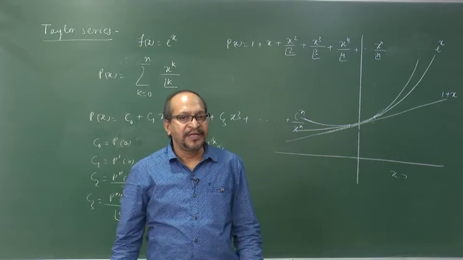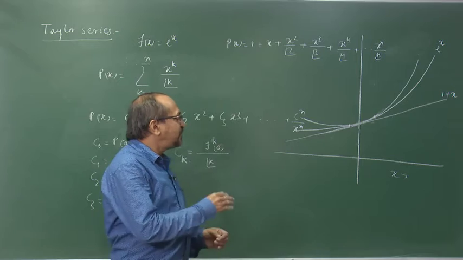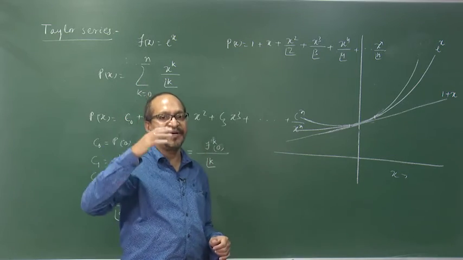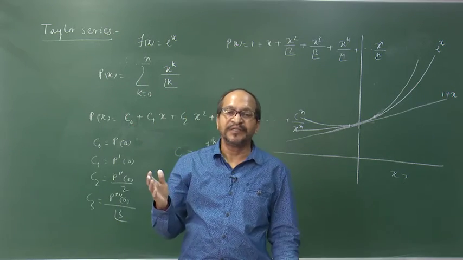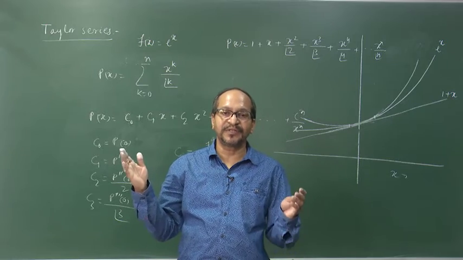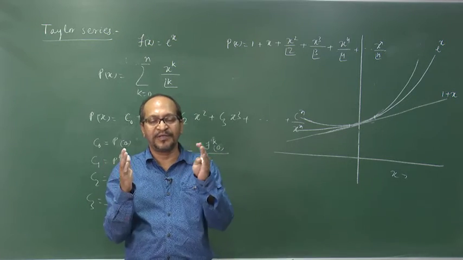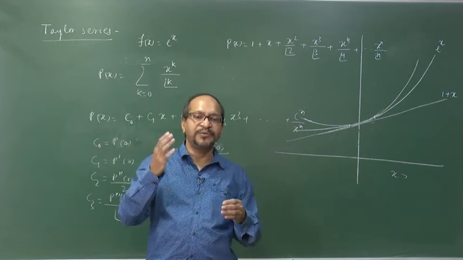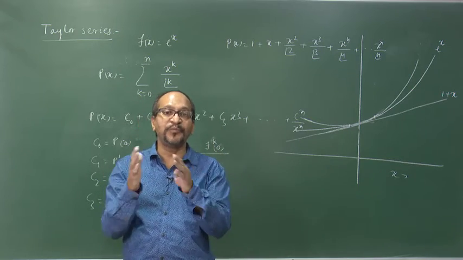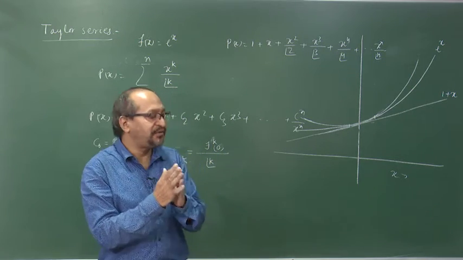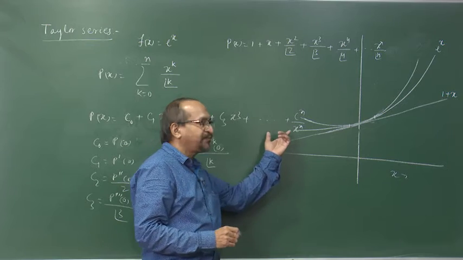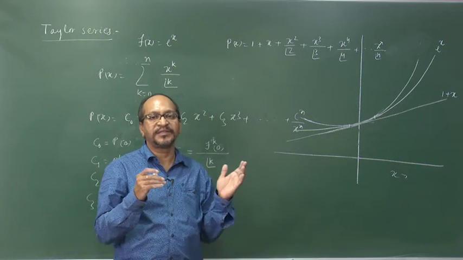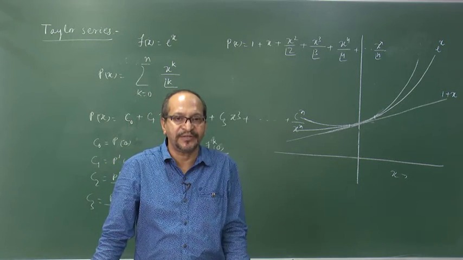And as we increase the number n as large as possible, the closeness of the polynomial with the given function will be more, right. Every time we terminate with finite terms, we are left with a remainder.